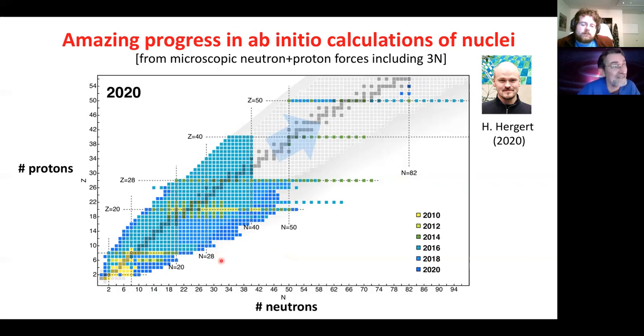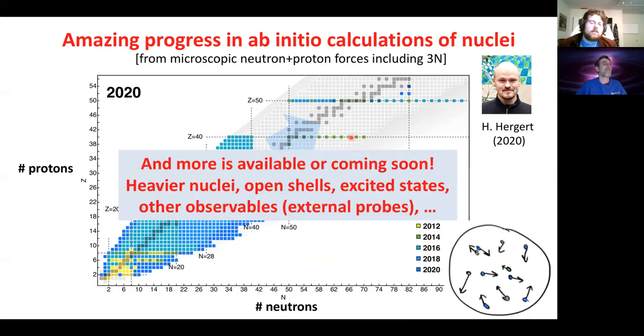But in 2010, we could calculate just these little guys down here. As of last year, we could do all of these, and we're about to fill in all of this stuff here. So this takes some heavy duty computing to do, but it's all still feasible. And many things could be calculated, and it's all based on this kind of simple picture.